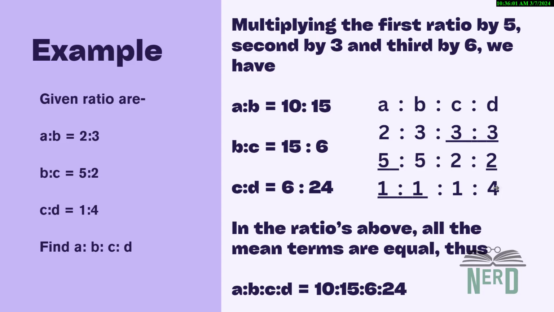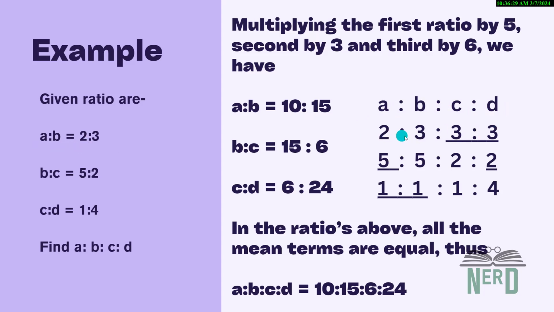And then C is to D, which is 1 is to 4. So we have already got our 4 values, A, B, C, D. You have to put them in order. How are you going to do it? First you write down A, B, C, D, and then you put the values. As we know, for A and B we have 2 and 3.